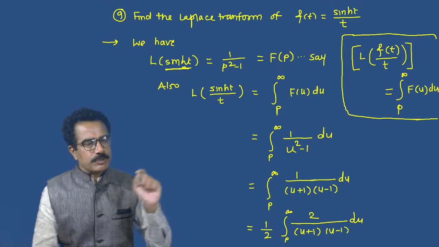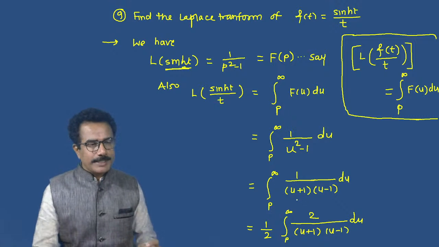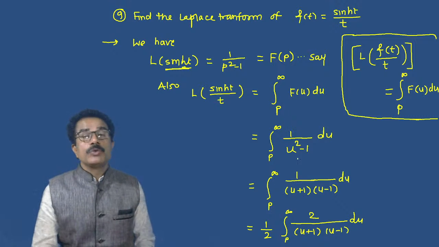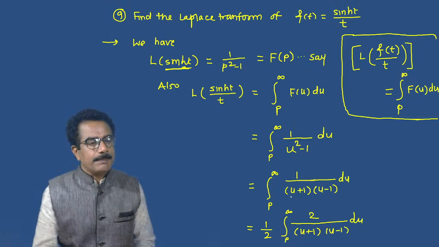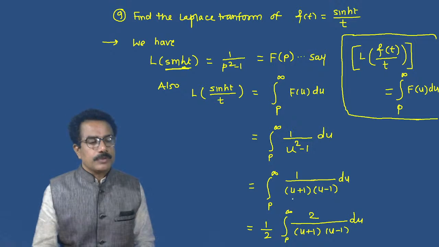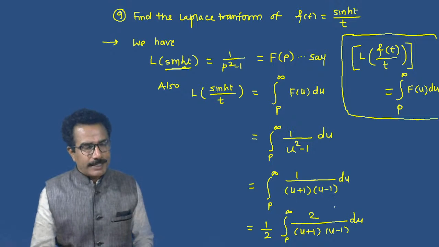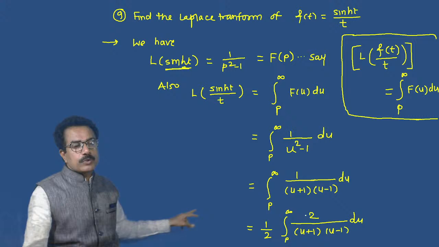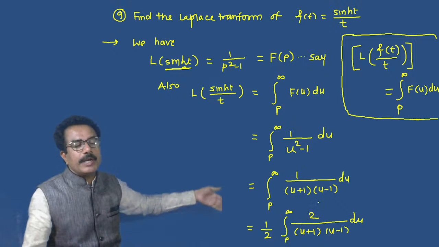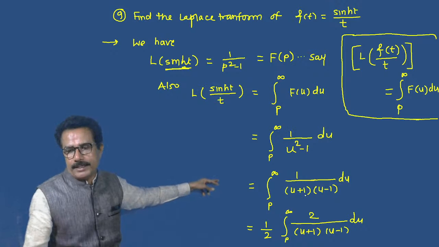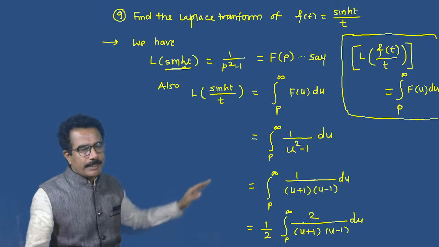So integral from p to infinity, you know that u square minus 1 we can write in the factorized form. How can we write? u plus 1 into u minus 1. Again we have to solve this, divide by 2, multiply by 2. Now our aim is to solve this integration by the factorization method. So divide by 2, multiply by 2.